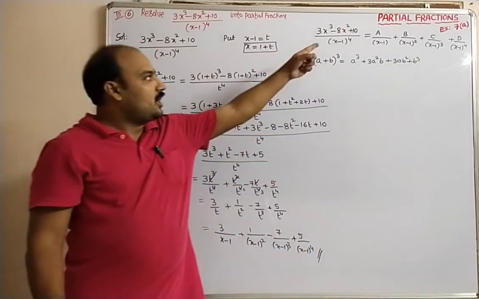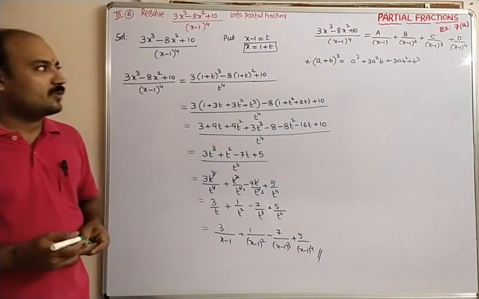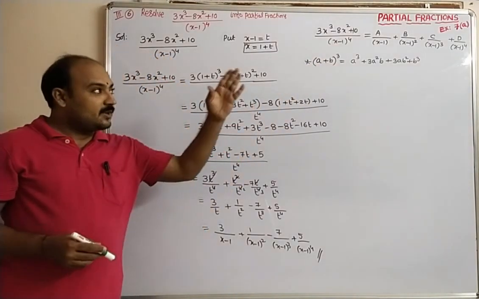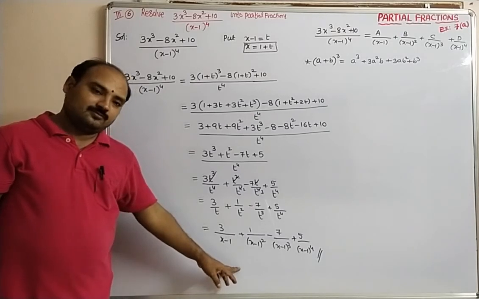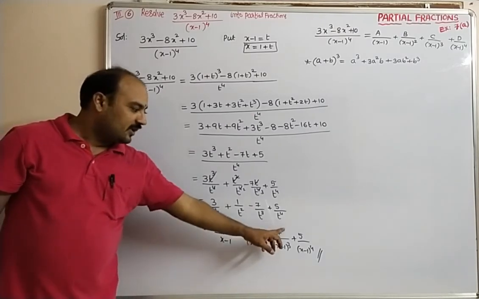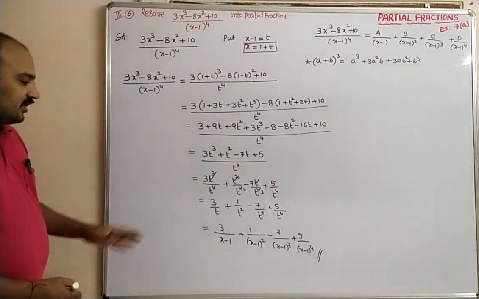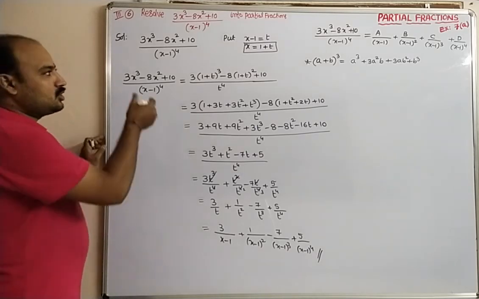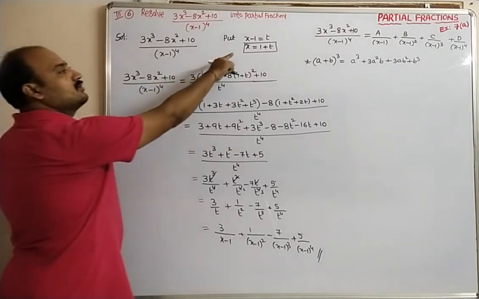Is it in this form? A by x minus 1 plus b by x minus 1 whole square plus c by x minus 1 whole cube plus d by x minus 1 whole power 4. So a value 3, b value 1, c value minus 7 and d value 5. Like this also you can do the problem by using substitution.